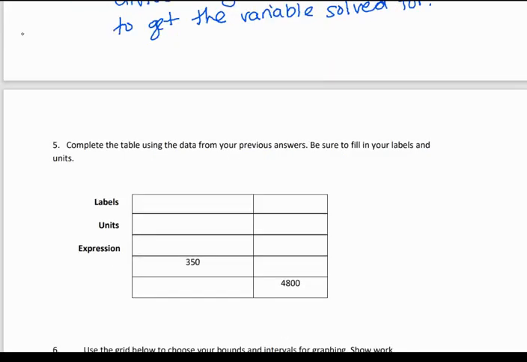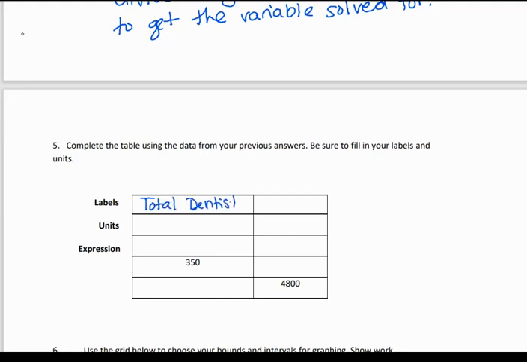Exactly. So that means that that first column is our total dentists. Right. And if you want total dentists surveyed, great. The unit there is just dentists or people, right? Dentists are people, so you can say people.